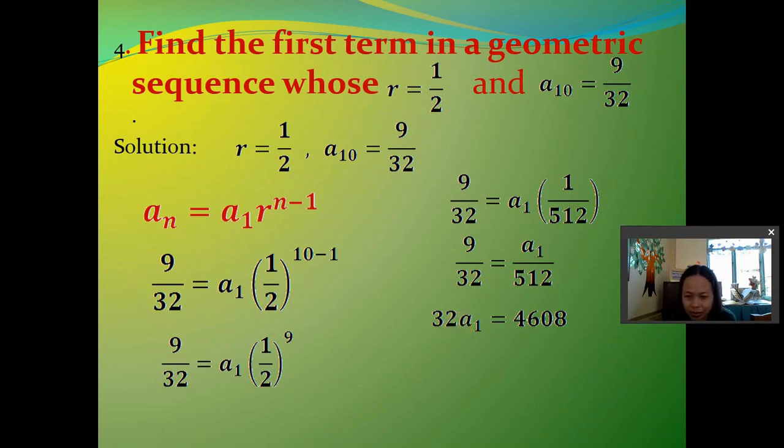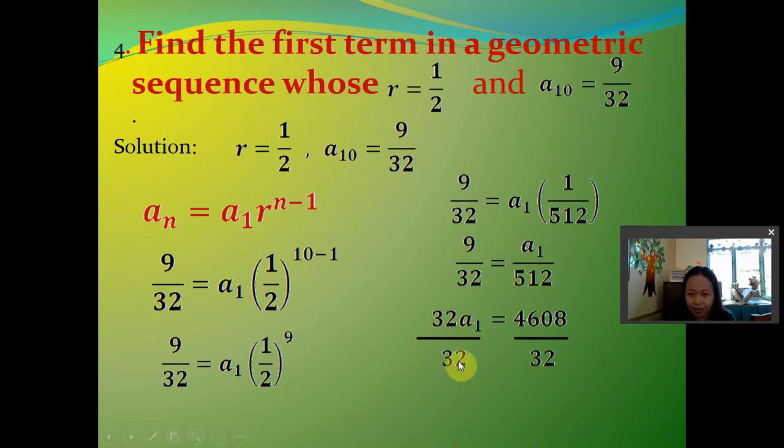Next, we are going to look for the first term. So we are going to eliminate the numerical coefficient of a sub 1, which is 32. To eliminate that, we will divide both sides by 32. Or simply, you apply the multiplication property of equality, in which you multiply both sides by 1 over 32.